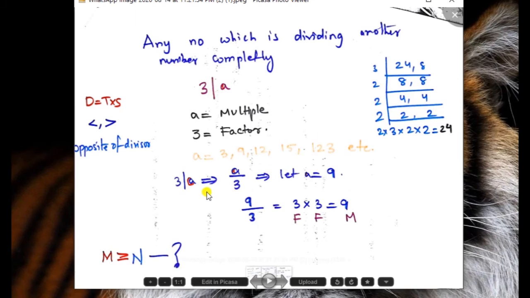Here in this case I consider a equal to 9, and we know that 9 will get divided completely by 3. So 3 into 3 we will get 9. That is, 9 is a multiple of 3. So 3 is a factor of 9. That's it. And we usually find the least common multiple of two numbers.